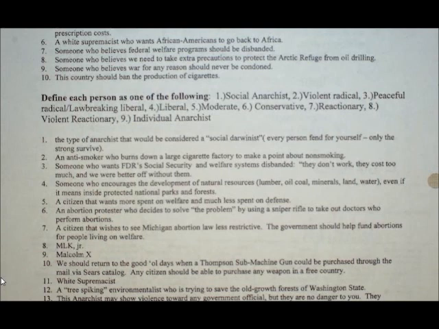Number 2, an anti-smoker who burns down a large cigarette factory to make a point about non-smoking. All right, we have to once again think, was smoking something that was more permitted in the past or less permitted in the past? If you thought smoking was more permitted in the past, you are correct. It's smoking in elevators, your very own Grand Rapids Christian School, teachers would smoke in the teacher's lounge, it happened all the time.